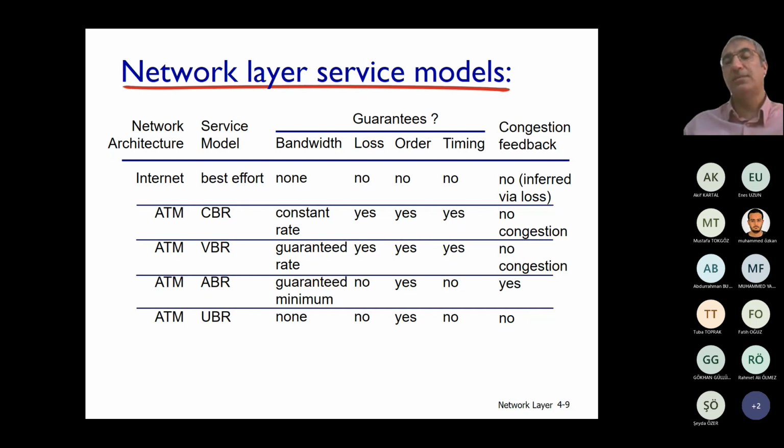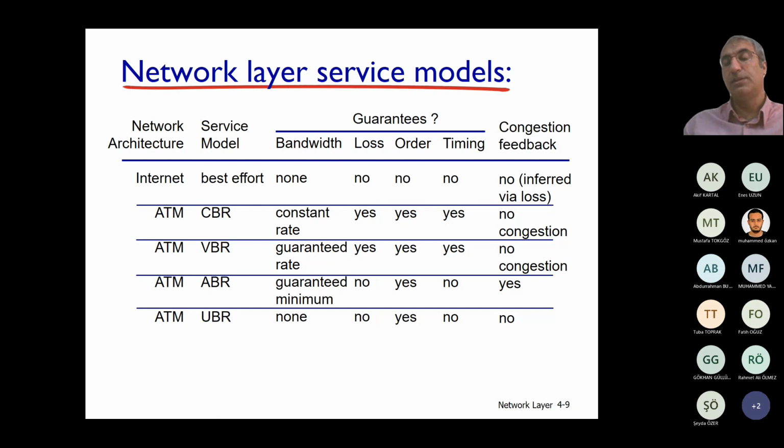We should have a mechanism to put this back in order at the receiver side. That's why in the internet, we cannot guarantee in-order packet delivery. Timing also is not guaranteed.